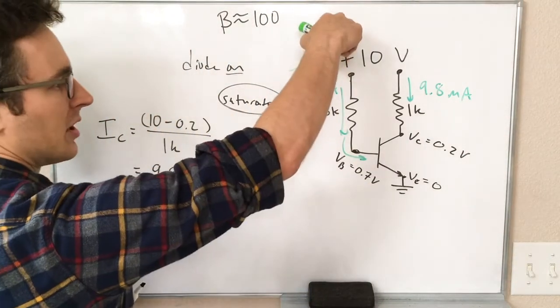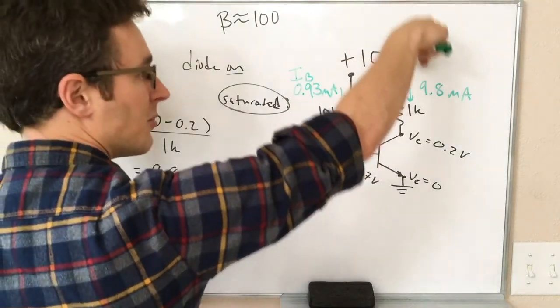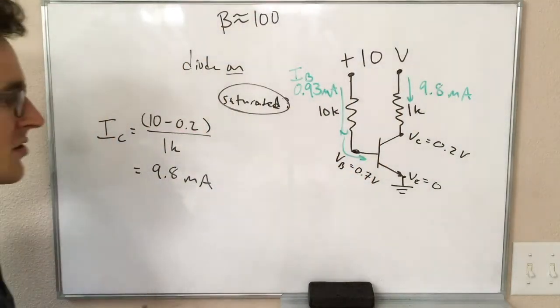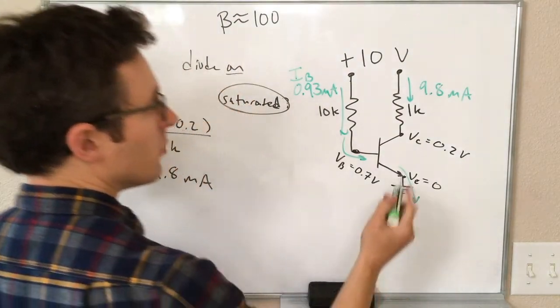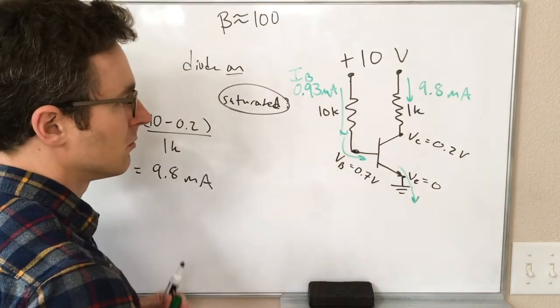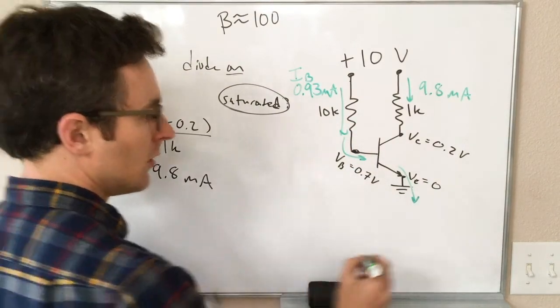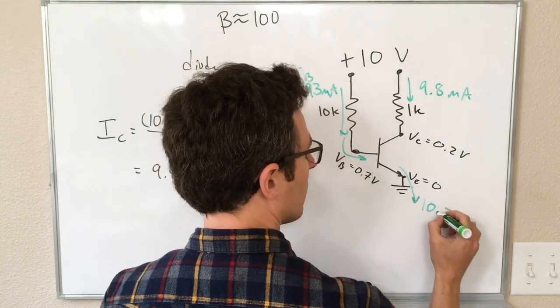So we have 0.93 milliamps in the base, 9.8 milliamps in the collector, and so out of the emitter, going into ground, we must have 9.8 plus 0.93, which is 10.7 milliamps or something like that.